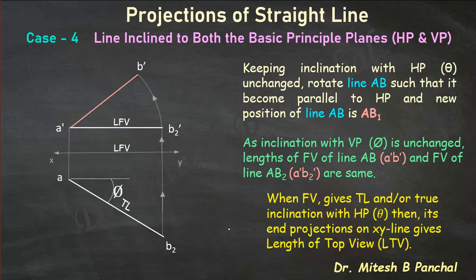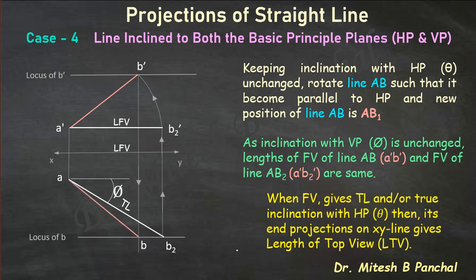So the general solution we can obtain like this. Now we have the locus of B dash and locus of B. Once the position of B dash is known, we can obtain the top view of point B on locus of B, considering the third point related to projections of point, which we have already discussed, that is for a point, its projections front view and top view are on the same vertical projector.